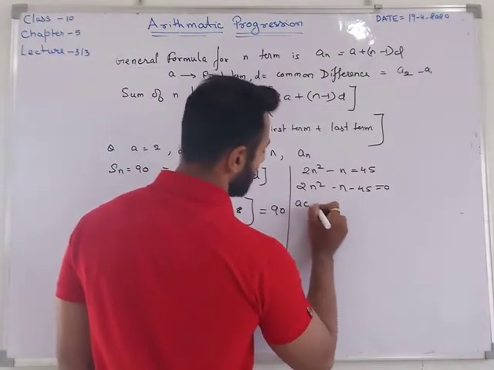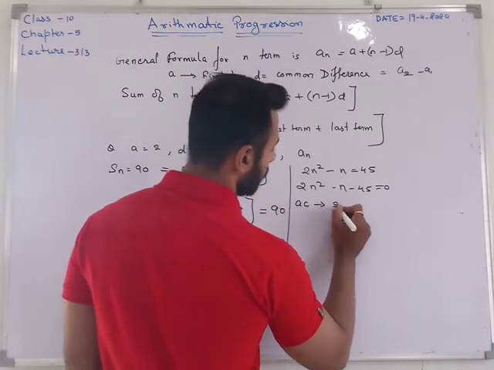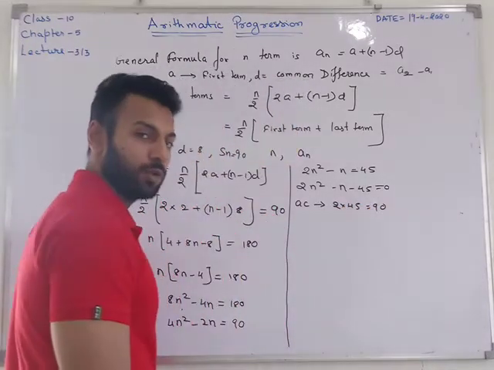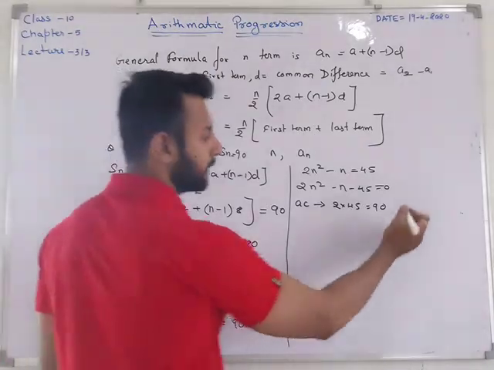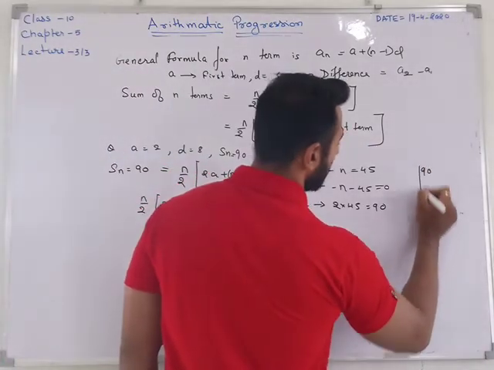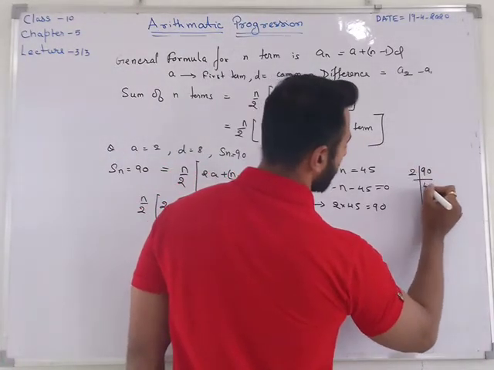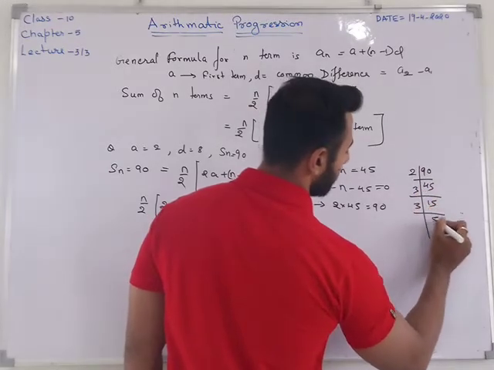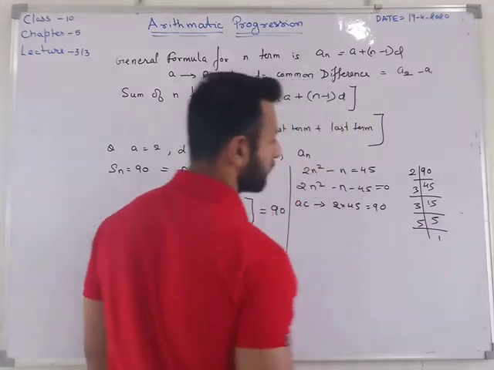First finding out AC. AC is 2 into 45, which is 90. Now we have to do the prime factorization of this 90: 90, 45, 15, 5, 1.